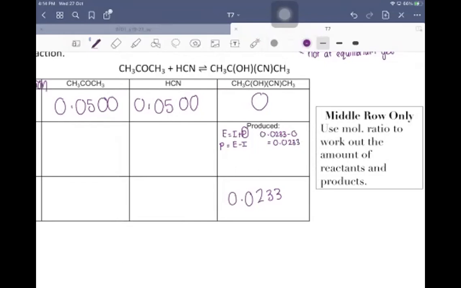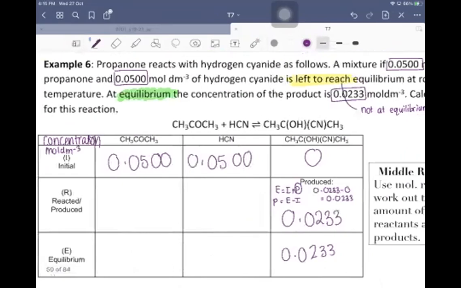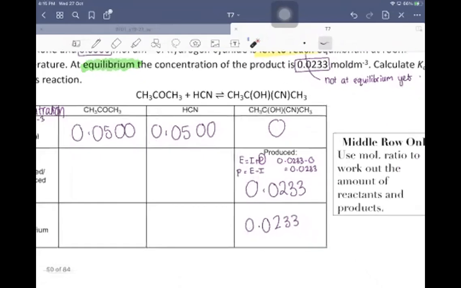So the concentration of product produced is 0.0233. I've purposely left out the units of concentration because I've already put everything on the top left of the table. Okay, so that's done for my product.